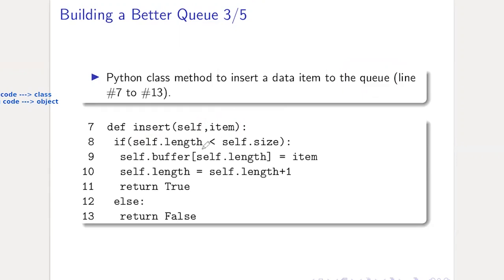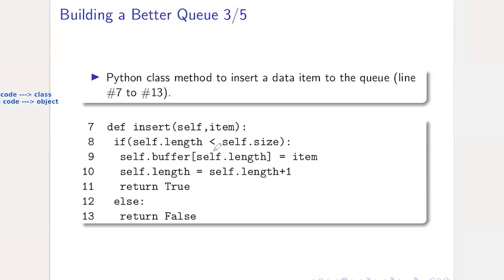So first of all, I will check whether the current length of the object storage is less than the allocated size. Because if the length is equal to the size, that means there is no more space available for a new item to be inserted.